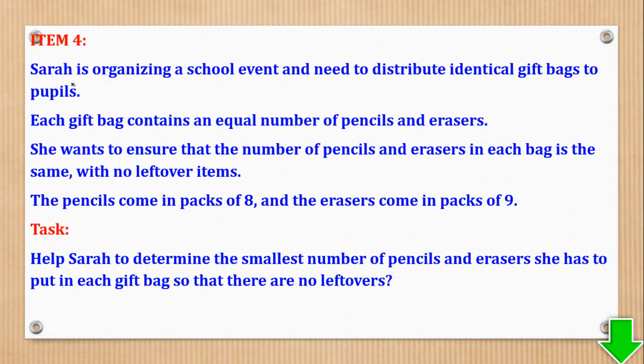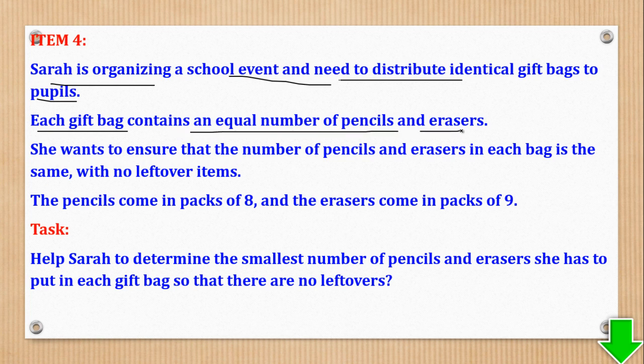Then item 4, Sarah is organizing a school event and needs to distribute identical gift bags to pupils. Okay. Each gift bag contains an equal number of pencils and erasers. She wants to ensure that the number of pencils and erasers in each bag is the same with no leftover.